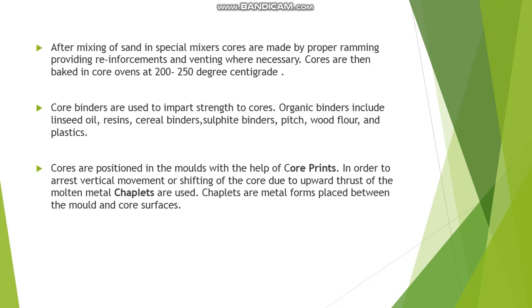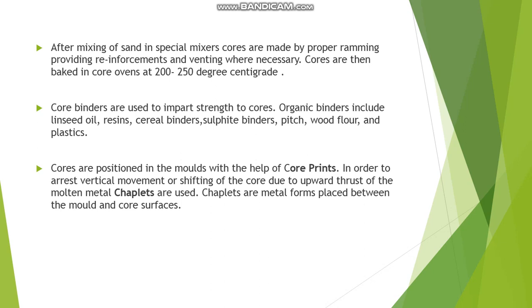Core binders are used to impart strength to cores. Organic binders include linseed oil, resins, cereal binders, sulfite binders, pitch, wood flour and plastics. And the core is specially made from core sand, which is sand that has consistent grain size.